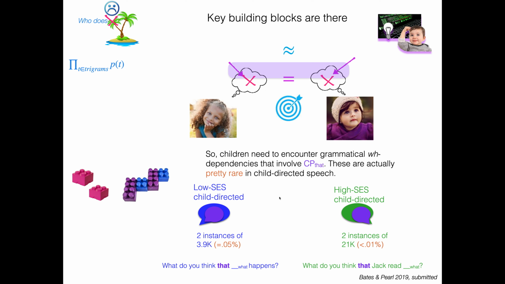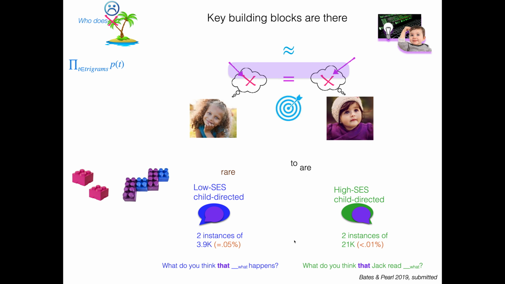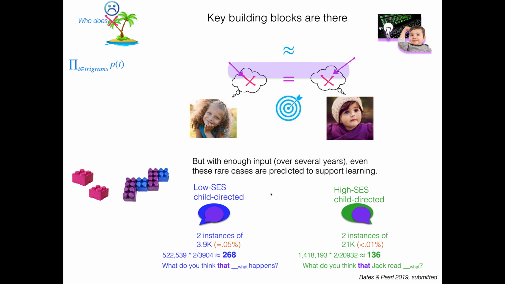And these are actually pretty rare in child-directed speech. Again, our samples, when we looked at them, are of course much smaller than the amount that children actually get access to, but we found 2 in our lower SES sample and 2 in our higher SES sample, even though it was much bigger, which works out to these percentages, which are pretty small. You can see some examples of what they are here in each case. But with enough input over several years, remember we were looking at by age 4, even these rare cases are predicted to support learning.